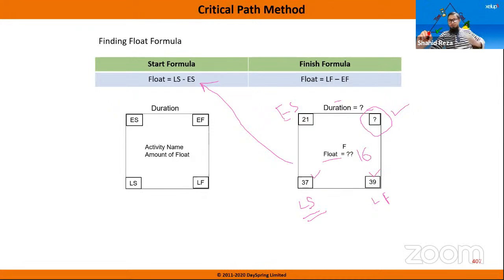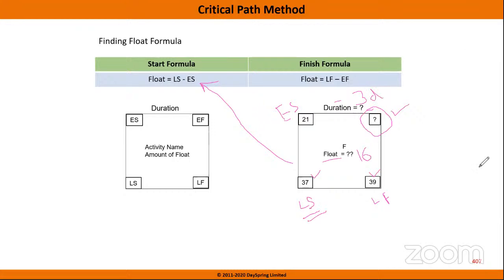If you use your fingers for this case, 37, 38, and 39, it will take 3 days. This is inclusive, so 37, 38, 39, it will take 3 days. So now if you want to find out the early finish, what will happen?